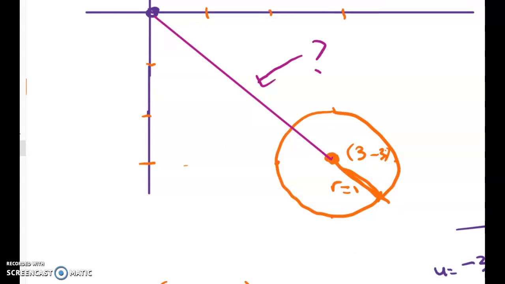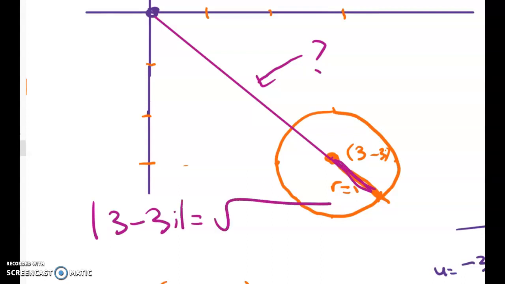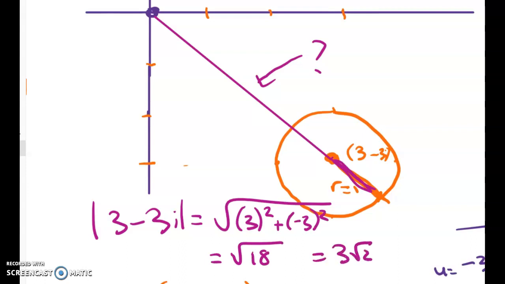That's equal to the square root of 3 squared plus negative 3 squared, which is the square root of 18, which is equal to 3 root 2.